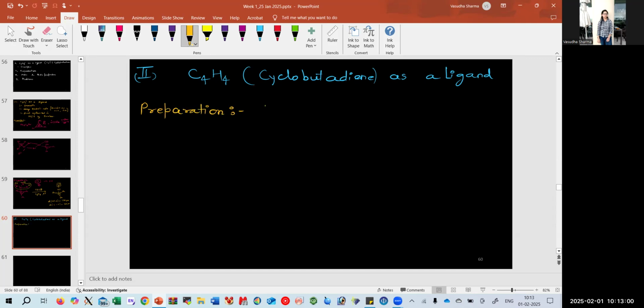Its preparation is from dehalogenation of dihalocyclobutene.